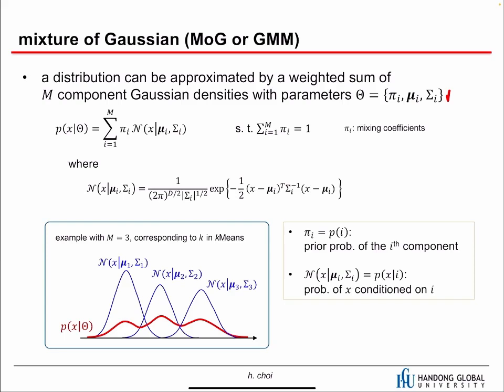But sometimes we have data samples like this in one-dimensional space, where we have a lot of samples here and here, and the Gaussian distribution is not a perfect model. A single Gaussian is not perfect.